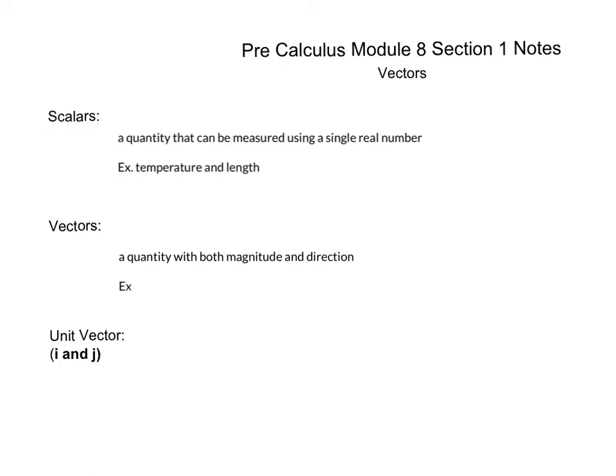For example, force and velocity are both types of vectors because not only do they have a number, but they have a direction. Velocity can be negative, so can force. They have directions associated with them. So there is a difference between a vector and a scalar.